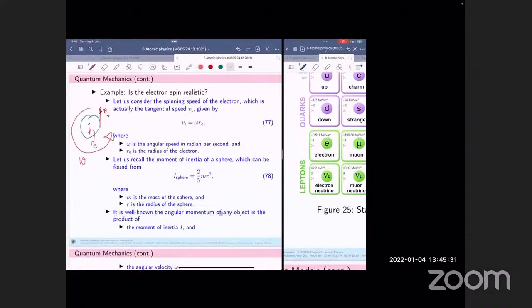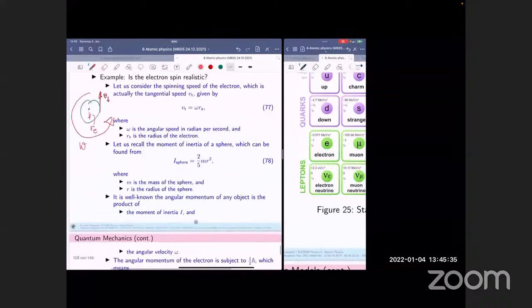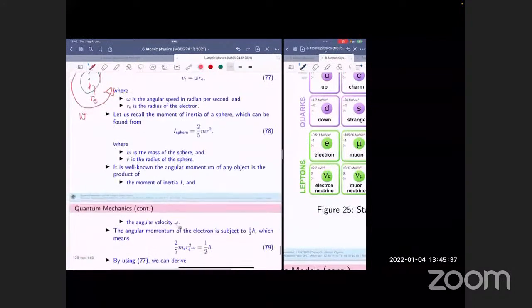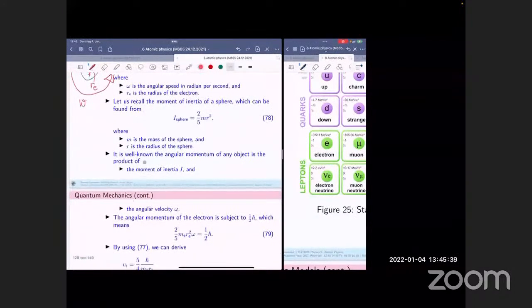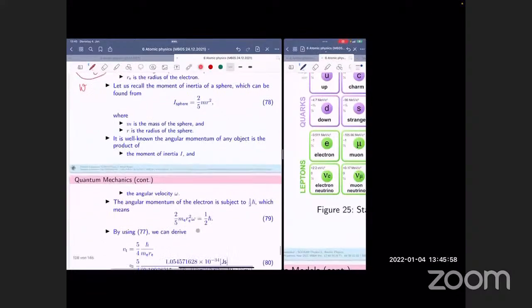It is well known that the angular momentum of any object is the product of moment of inertia and the angular velocity. So once you multiply this term, 2/5 m r squared, by omega, you get the angular momentum, and the angular momentum is h-bar by 2.